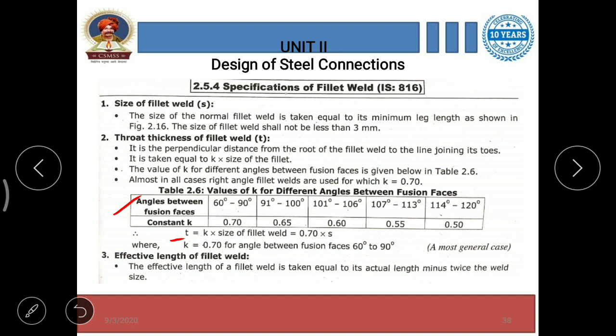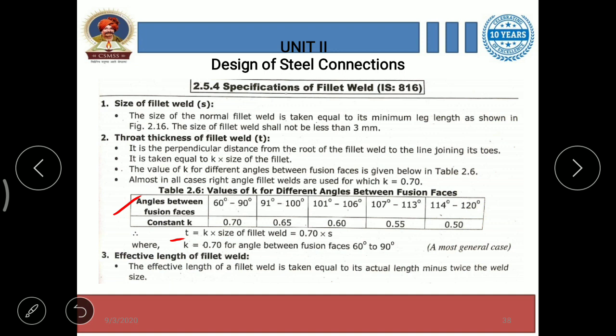Then what is k here? The value of k for different angles between fusion faces is given below in this table. Almost in all cases right angle fillet welds are used, for which k is 0.7 for a right angle. Just look at this table.